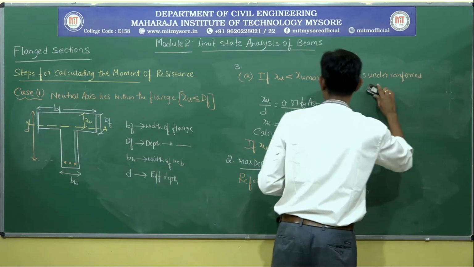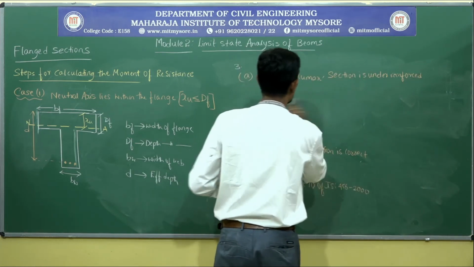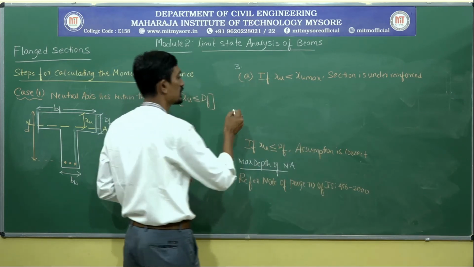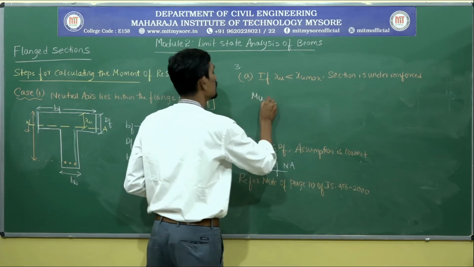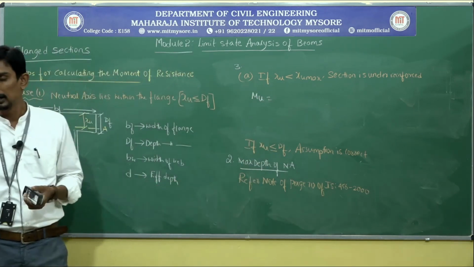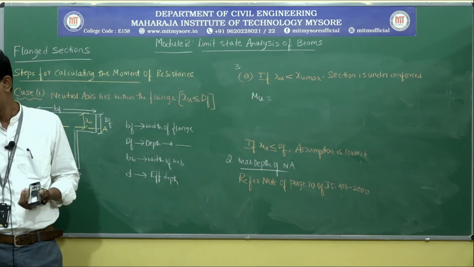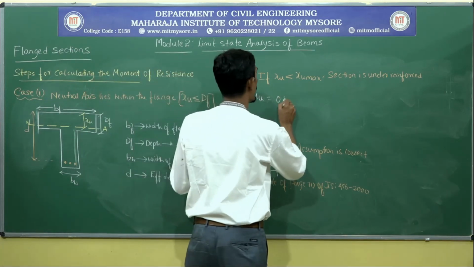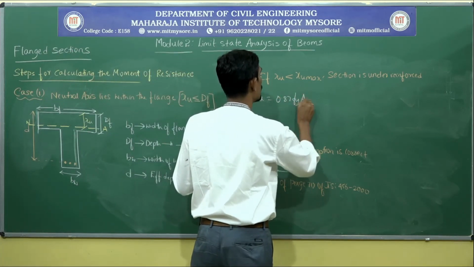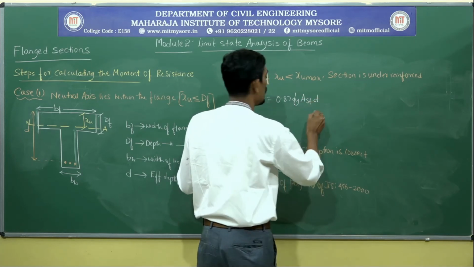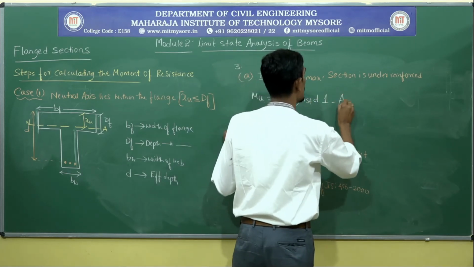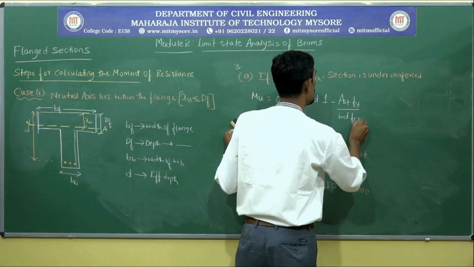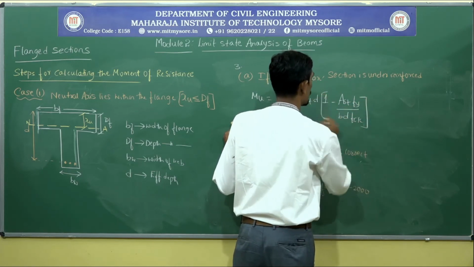So for this under reinforced section, how to calculate the moment of resistance? Let me write down the formula, as per Annex G 1.1b: 0.87 into Fy into AST into D into 1 minus AST into Fy divided by BD FCK.